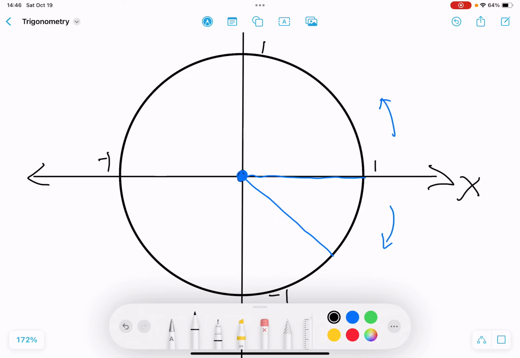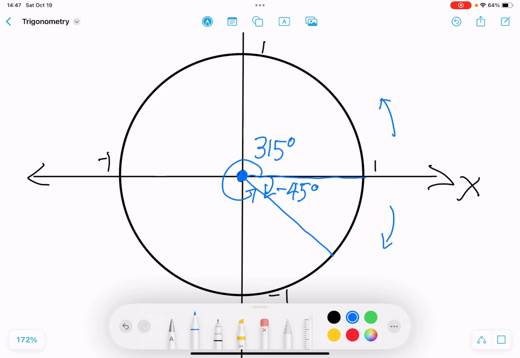So realize that this angle here can be represented with the same thing using this angle over here, which, since you rotated counterclockwise, is a positive angle. And in fact, it's just 315 degrees. So you can represent negative 45 degrees as 315 degrees.